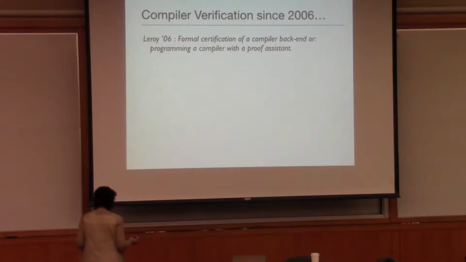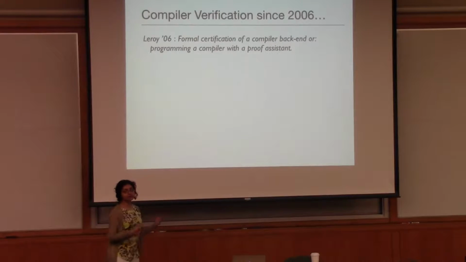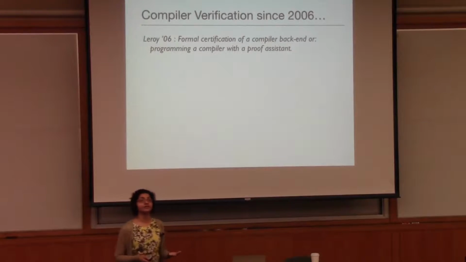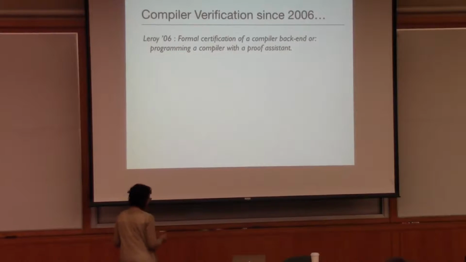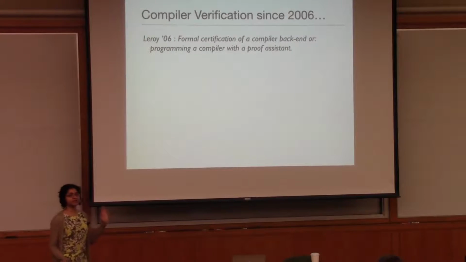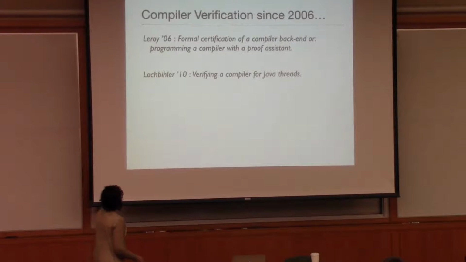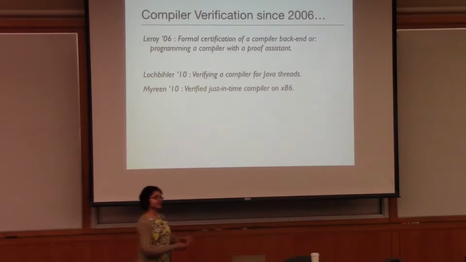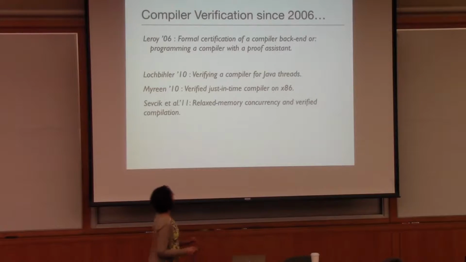So this paper led to a lot of work on compiler verification. There are a lot of projects that started doing this. Let me just list a few. This list is by no means comprehensive, okay? There was a paper at OPLSS 10, I think, maybe it was ESOP 10, verifying a compiler for Java threads. A verified just-in-time compiler on x86. This is a rather toyish just-in-time compiler, but still.